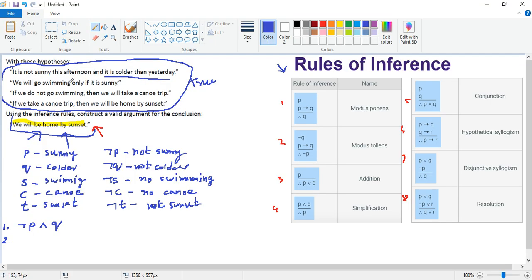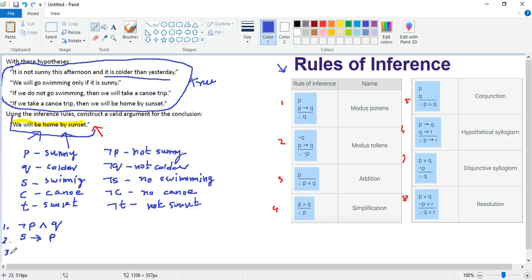If you go swimming, then it is sunny. So that's the proper form of that. If we go swimming, then it is sunny is an implication. Swimming is S, so S implies sunny. What was sunny? Sunny was P, right? So S implies P, right?